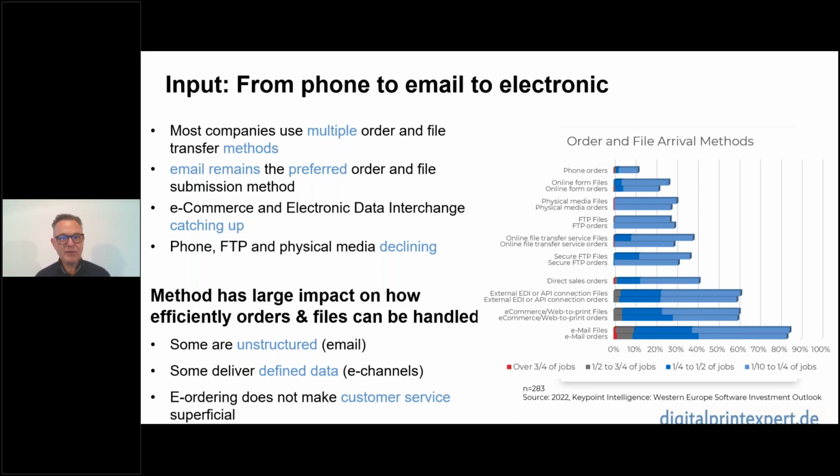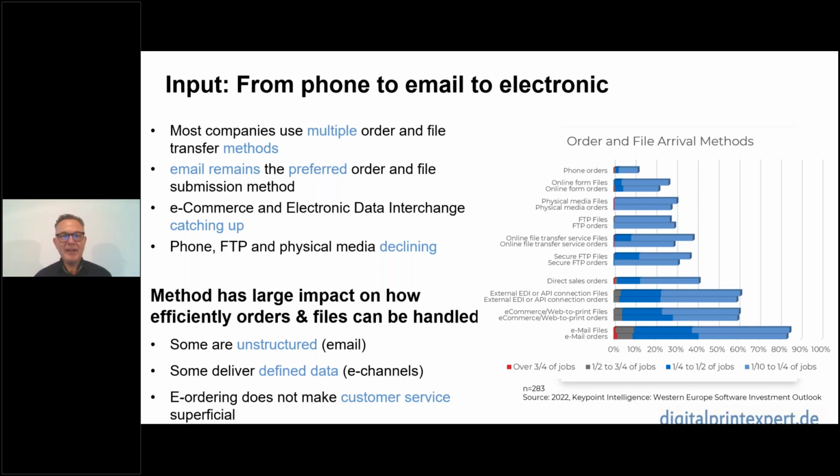So the traditional methods we had in the past, like phone, FTP, or physical data, zip drives, we've been used to that, but the role of those declined. They're still being used. The method of choice today, what Keypoint Intelligence found in the research, is still email job ordering and also email file transfer.